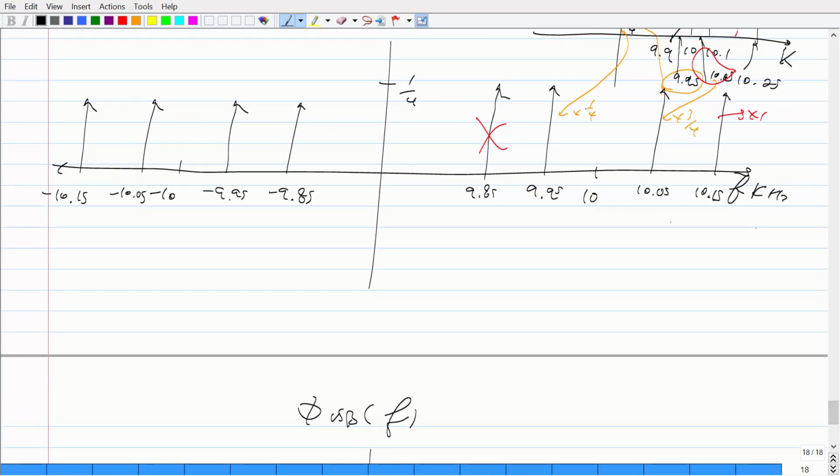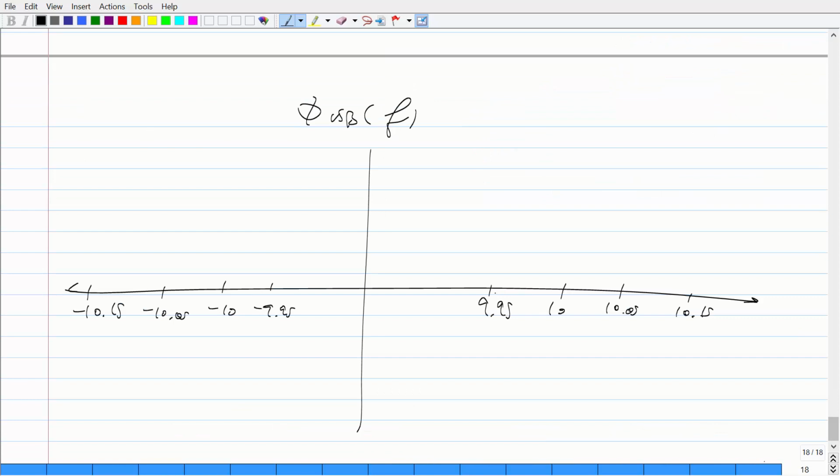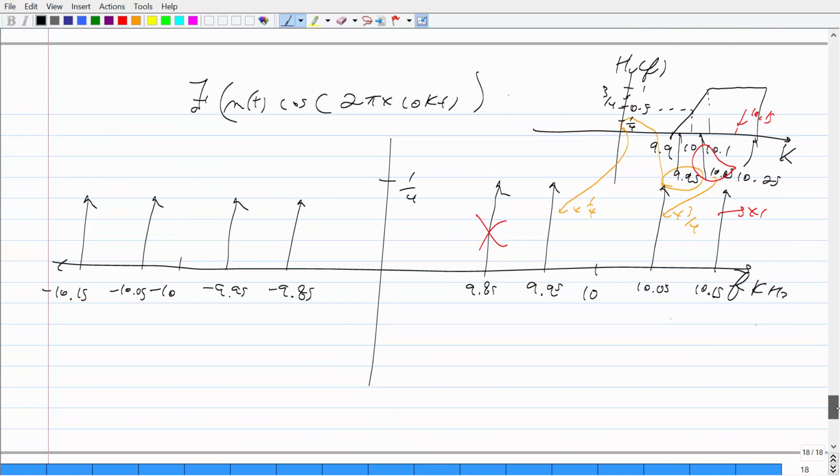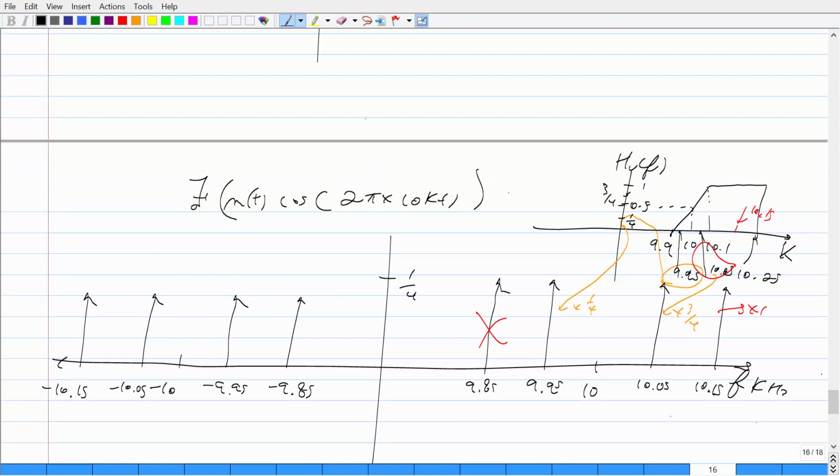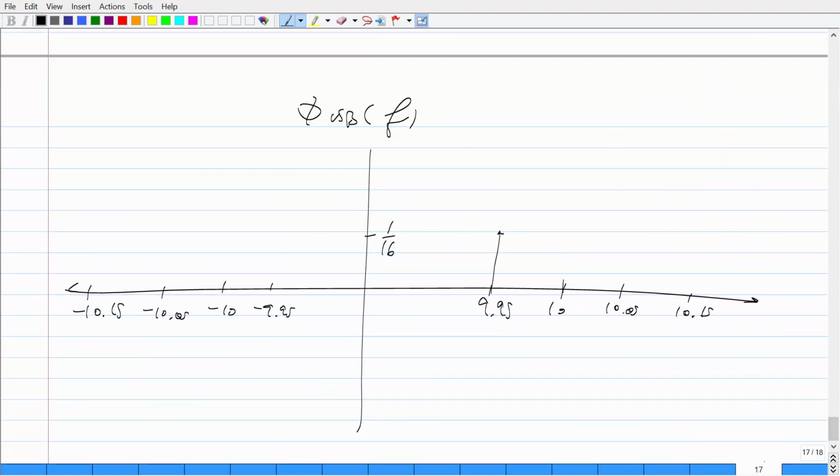This is a quarter, and we have to scale by a quarter again, so this one will be 1/16. The one at 10, there's nothing, but at 10.05, it becomes 3/4 times a fourth, which becomes 3/16. And at 10.15, it stays the same, it just stays at 1, so we actually get 1/4.